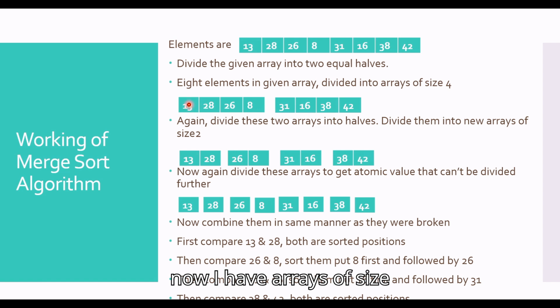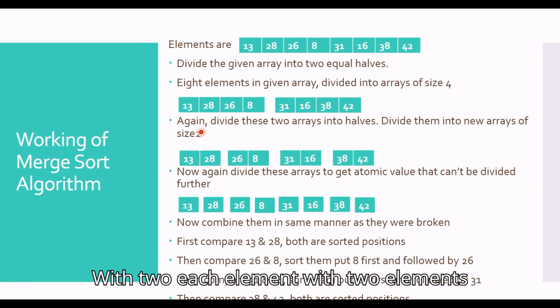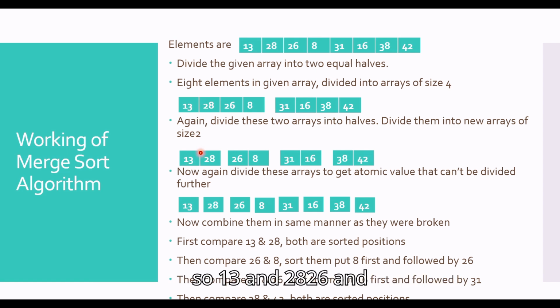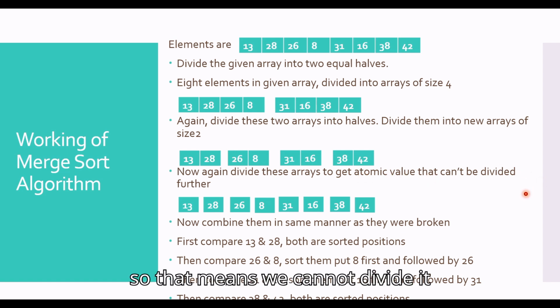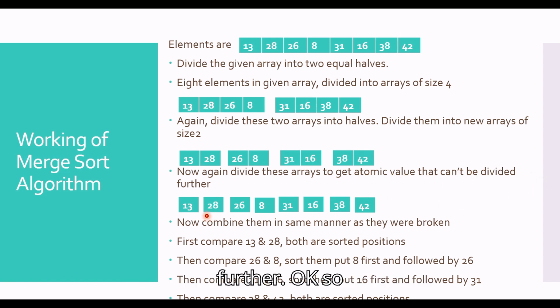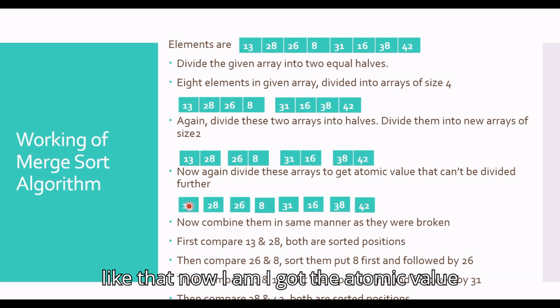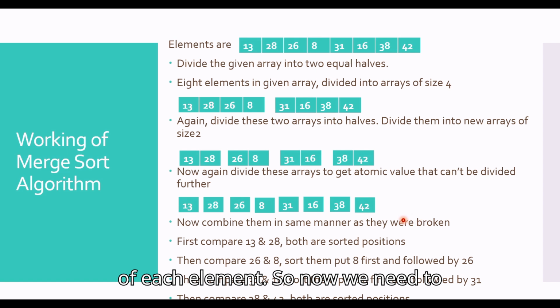Now we have arrays of size 4 each, so I'm going to divide them into two halves with two elements: 13 and 28, 26 and 8, 31 and 16, 38 and 42. Again I divide these subarrays into atomic values, which means we cannot divide them further: 13, 28, 26, 8, 31, 16, 38, 42. Now I got the atomic value of each element.